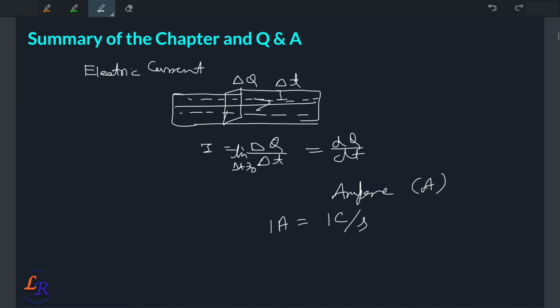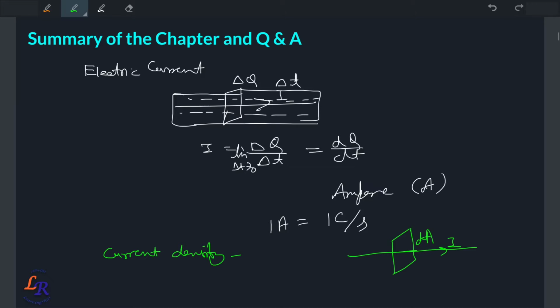We had also seen current density. So what was current density? Let's say this is a conductor with some normal cross-sectional area, and this is the current flowing through it.